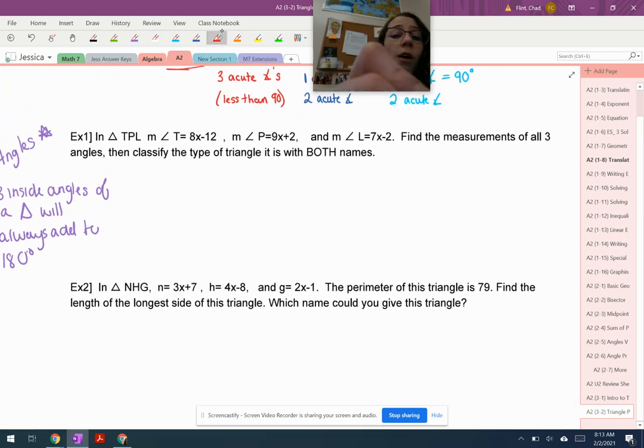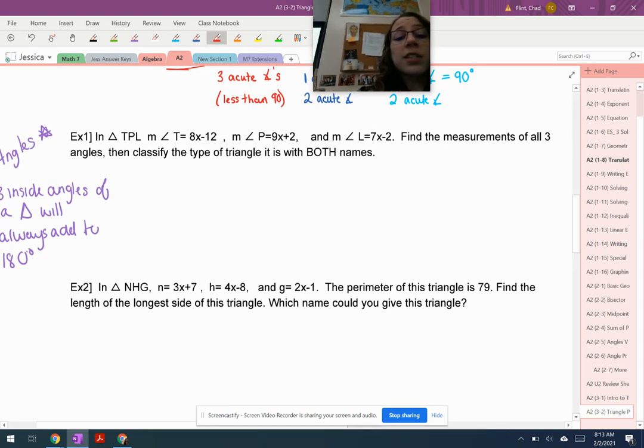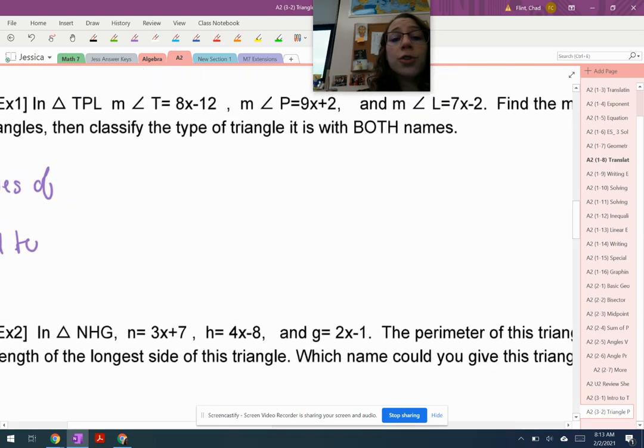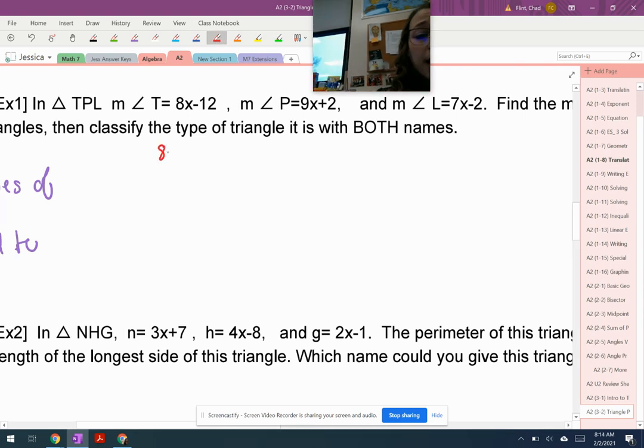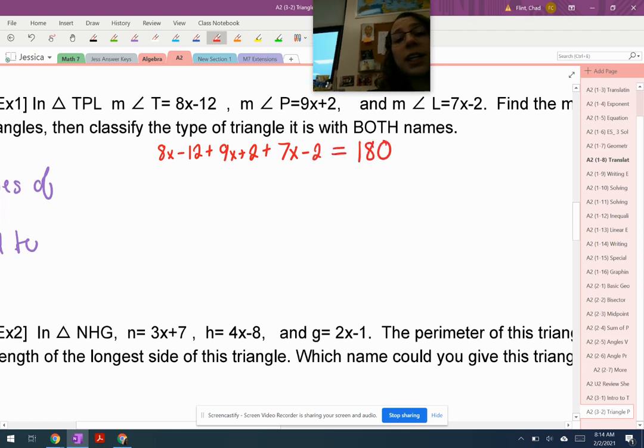If I know all three angles add to 180 degrees, I can take each of these expressions that they give me for the three angles, add them together, and set them equal to 180. So I've got 8x minus 12 plus 9x plus 2 plus 7x minus 2. And that whole thing is equal to 180 degrees.